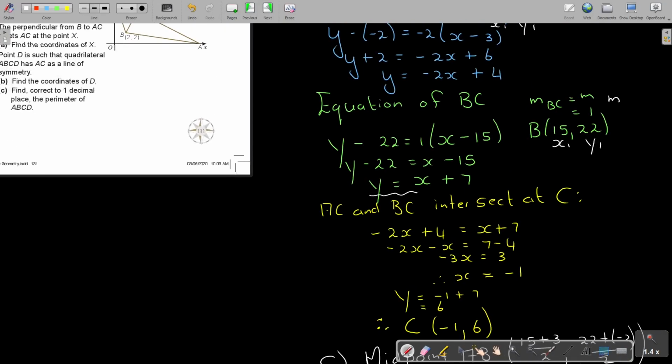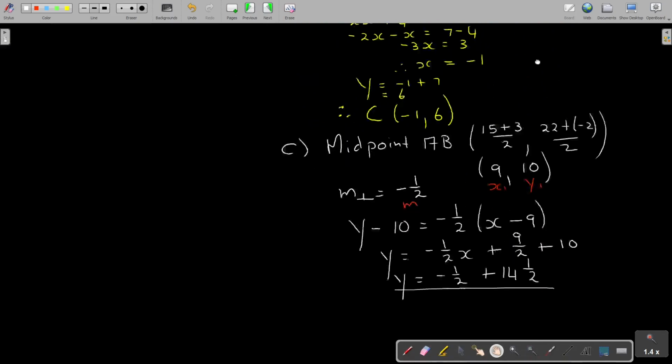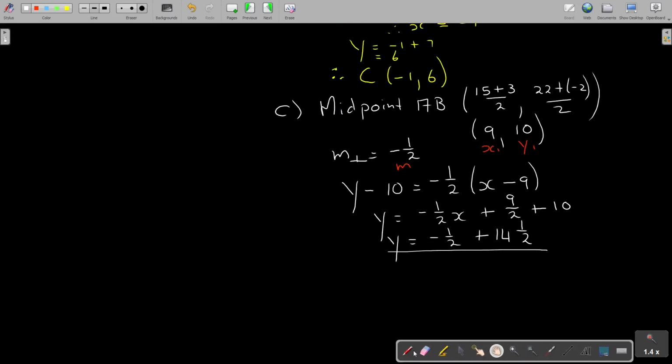Can you remember? It's x plus 7. Okay, is equal to this. So let's make it just in yellow. So x plus 7 is equal to, oh, I forgot my x. Wow, it's bad. Okay, so please don't make stupid mistakes.